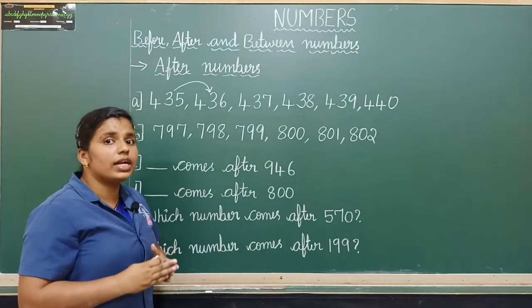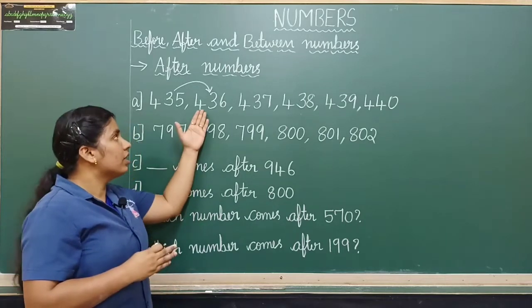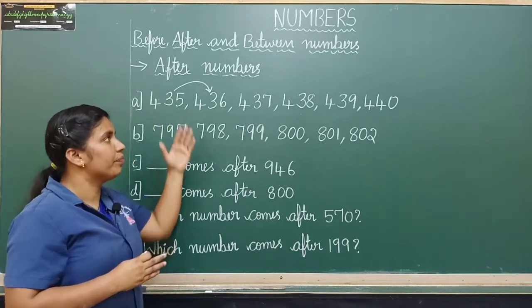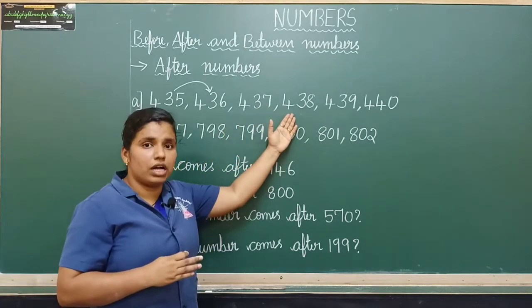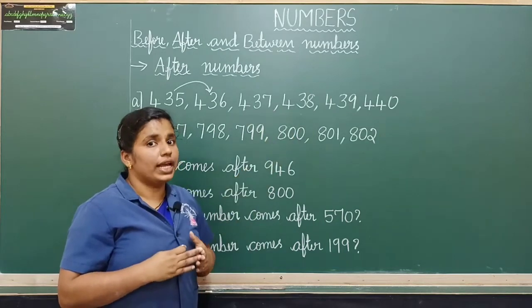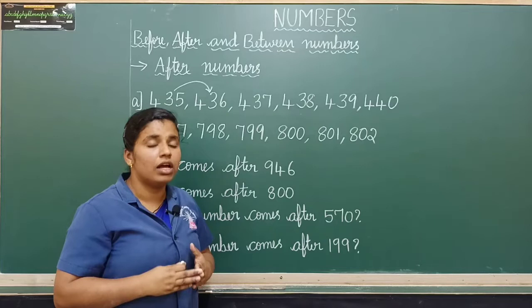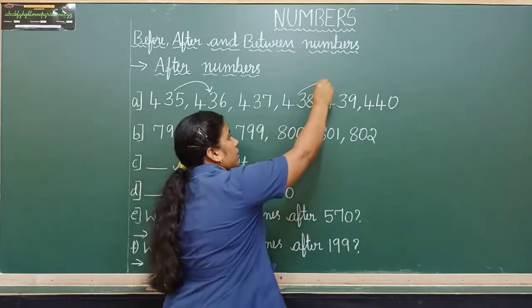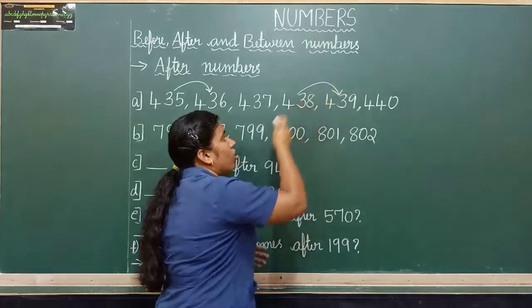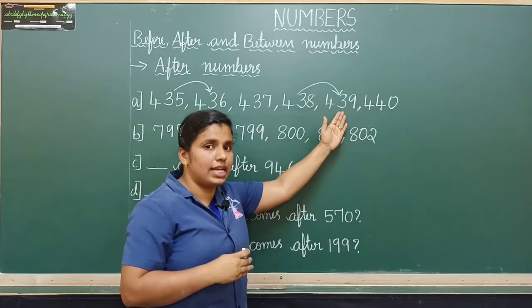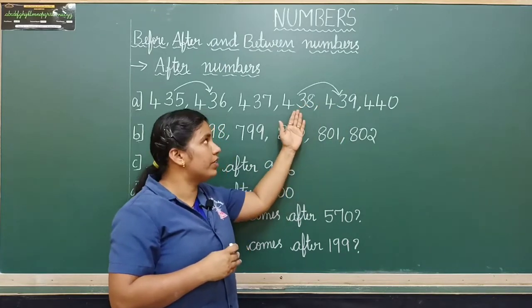Therefore, 436 comes after 435. Which number comes after 438? Again, in the same manner, if we start counting forward, the first next number of 438 is 439, and 439 comes after 438.